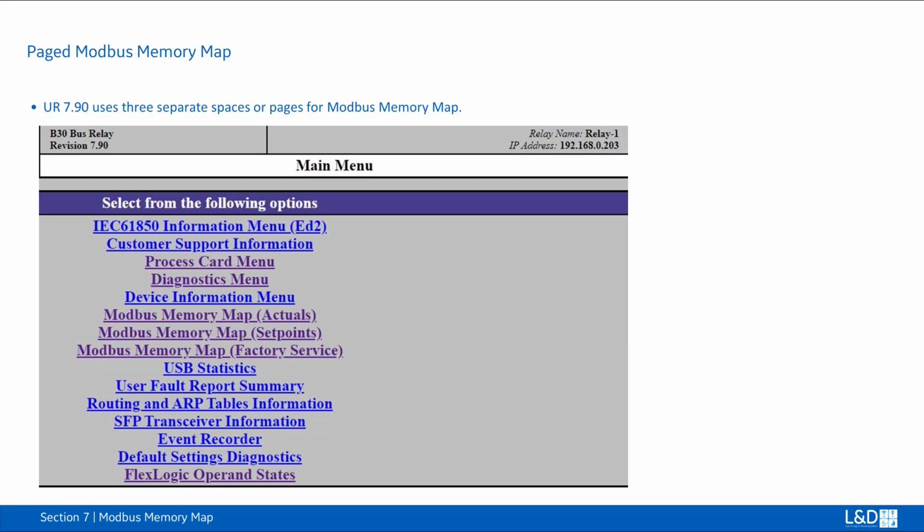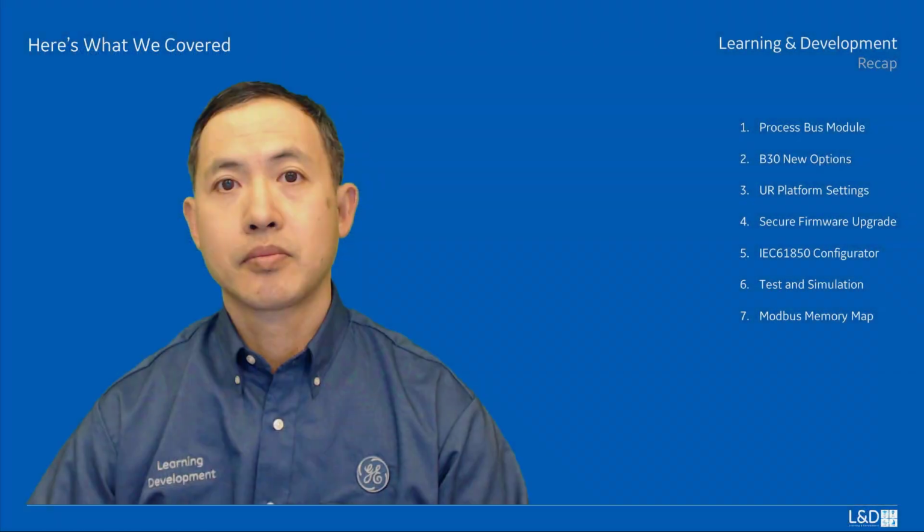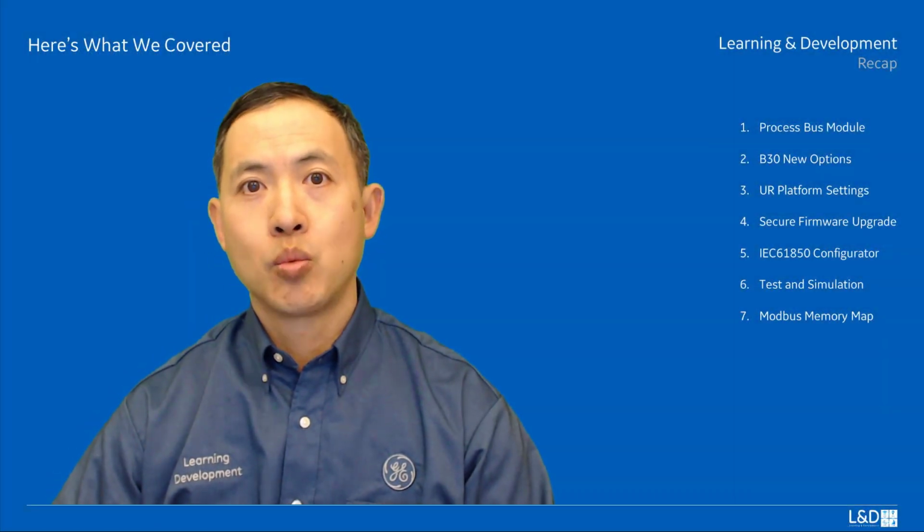Settings can be read only with function code 3, reading holding registers. Actual values can be read only with function code 4, read input registers. As it is possible that an address is present in both memory maps, correct usage of the function code is required. Now let's recap what we learned in this training video.